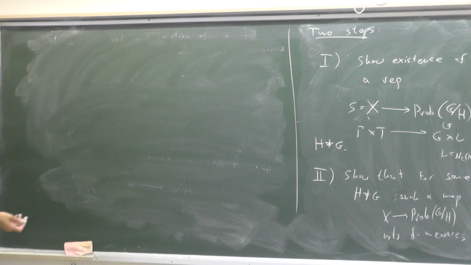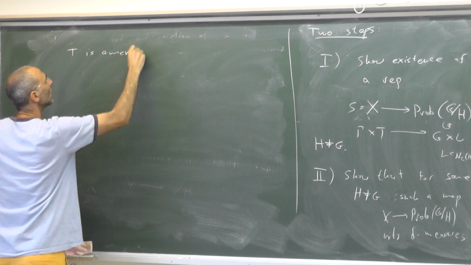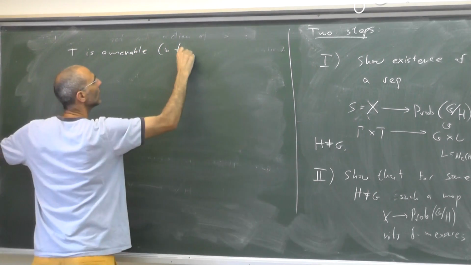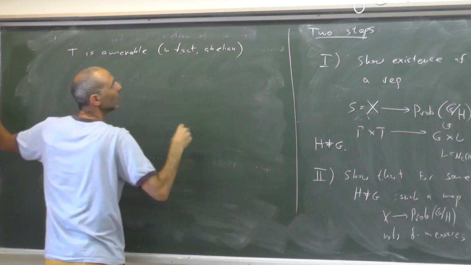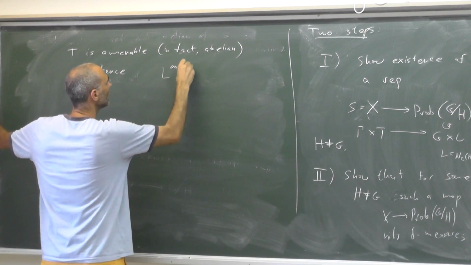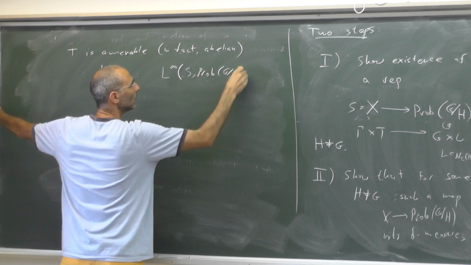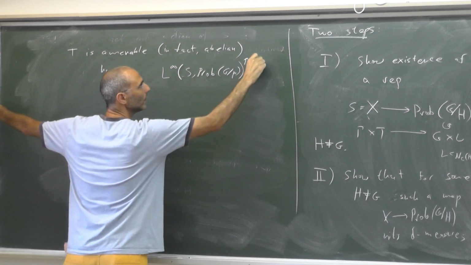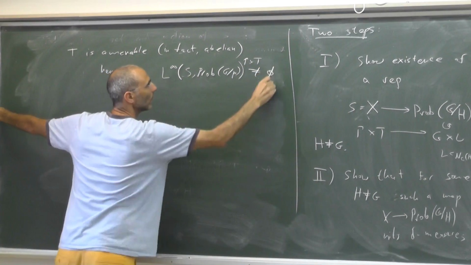I don't want to write it down, but these are standard functional analytic tools that you have here. And T is amenable, in fact abelian. So L infinity of S or G mod P, gamma invariant, has also a T invariant function on it.